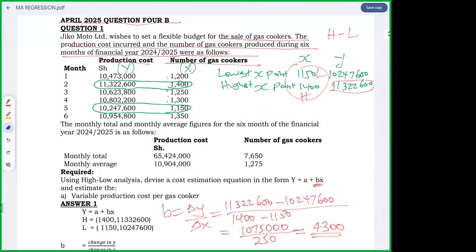I don't know what could be the problem. Just a minute. Test. Testing. How about now? Is it much better?